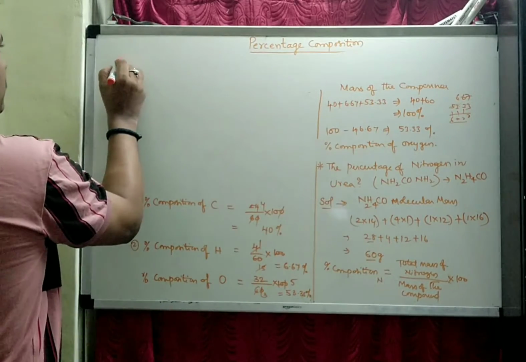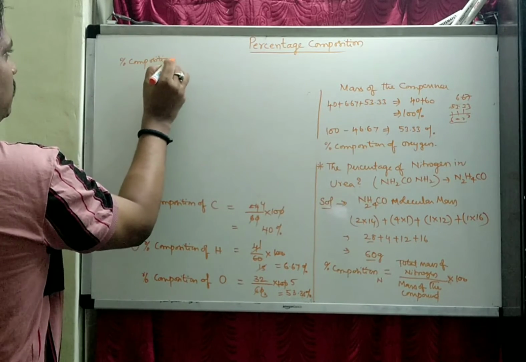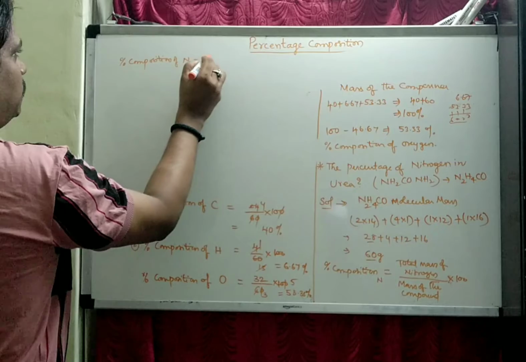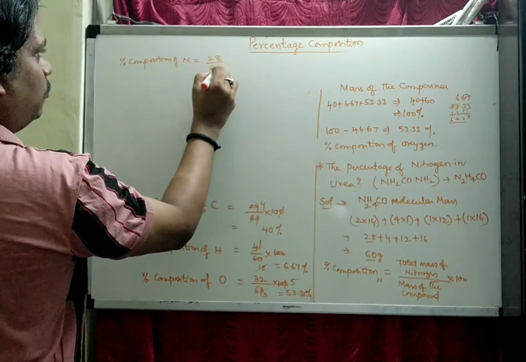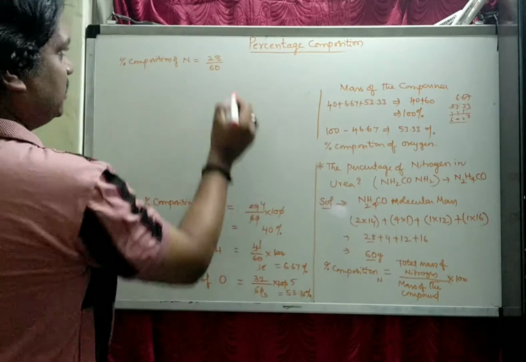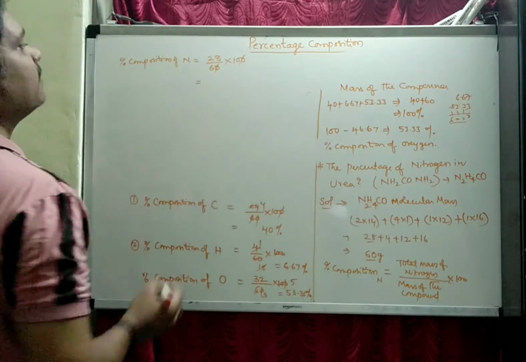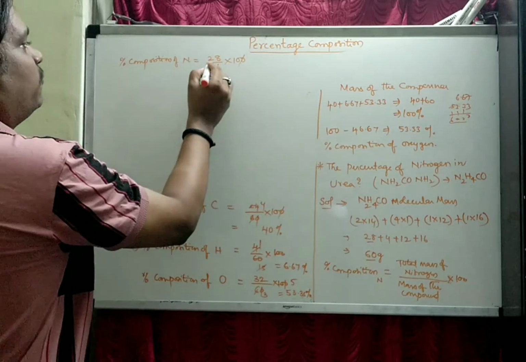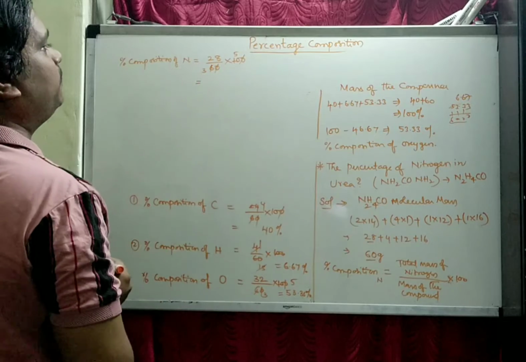So the percentage composition of nitrogen is equal to 28, the nitrogen mass, over the total mass of the compound, 60, into 100. Cancel here. Then 2 3s are 6, 2 5s are 10.